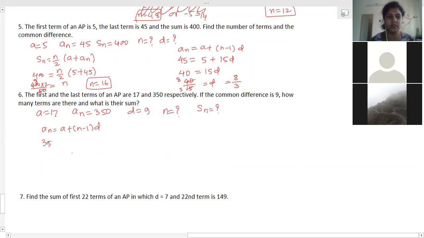An is 350, so 350 is 17 plus n minus 1 into 9. 350 minus 17 is 333, 333 by 9 is equal to n minus 1. 9 3s are 27, 9 7s are 63, so 37 plus 1 is n. N is equal to 38. Then find out S38.